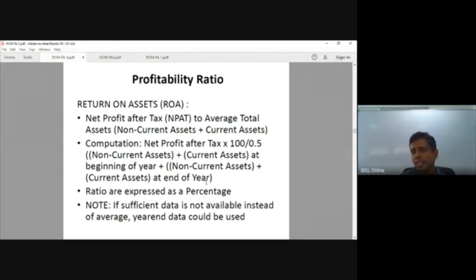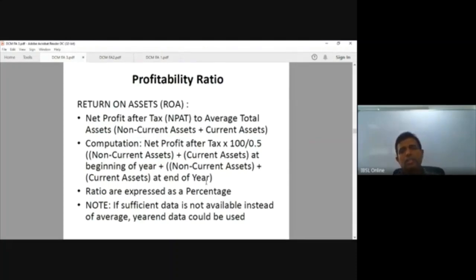And their return, compared to other organizations, is low because they operate in a business where interest rate is very sensitive and they have only a net interest margin. Whatever the gains from loans and advances, they have to pay back to the deposit holders, and only the margin is left with them.